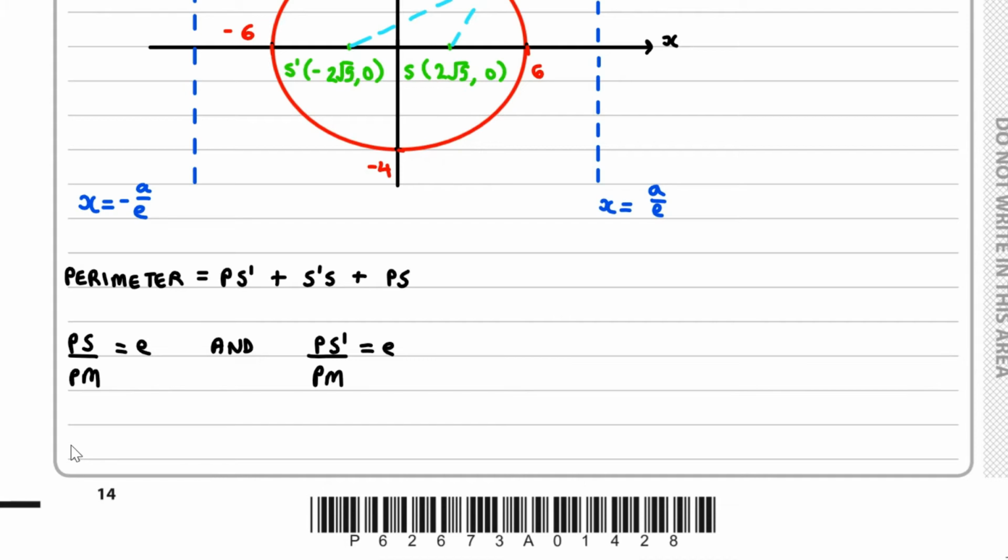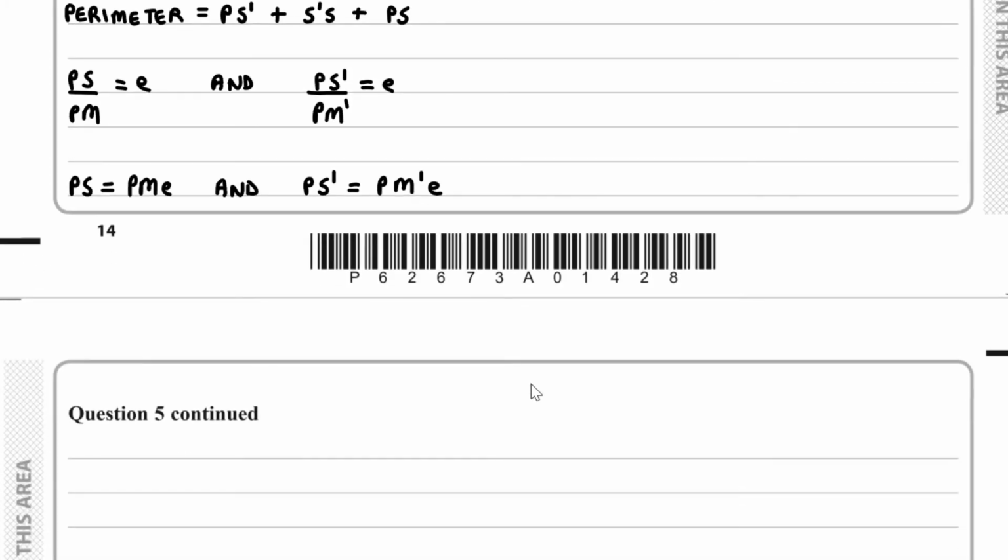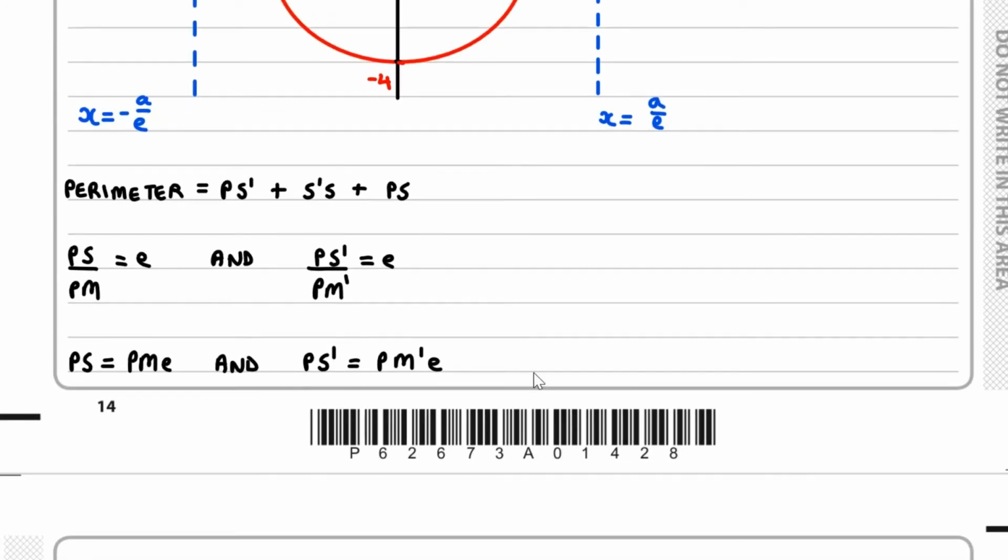And from this, what we can conclude then is PS is equal to PM multiplied by e, and PS dash is equal to PM dash multiplied by e. So therefore, what we can conclude for the perimeter, so let's just actually swap these around for a second.